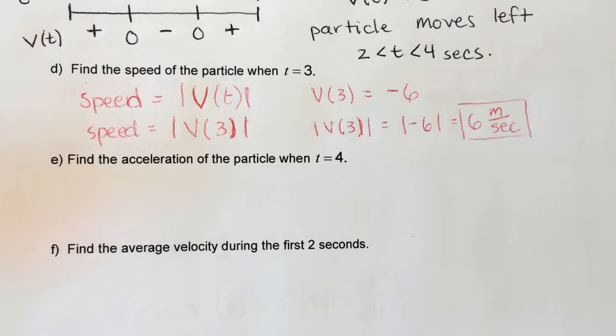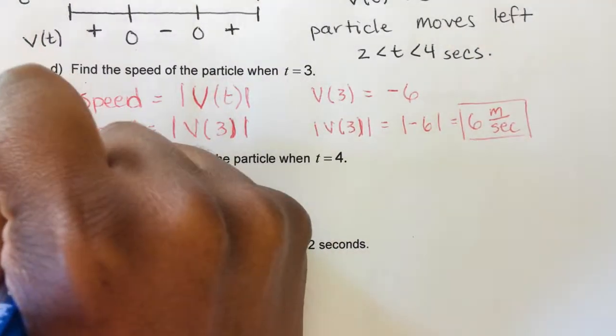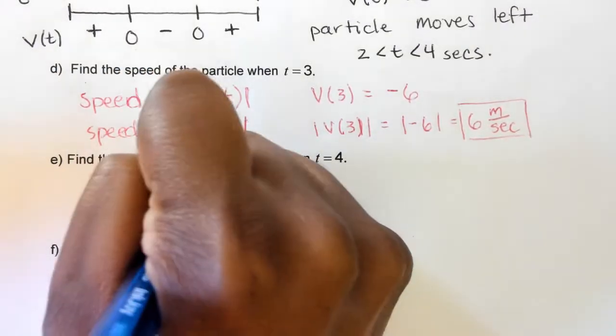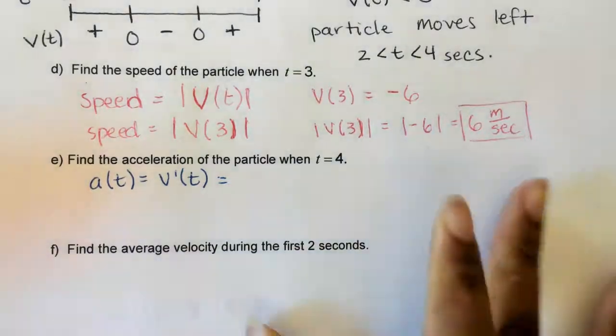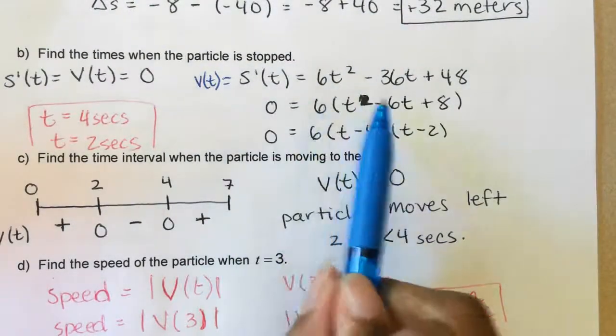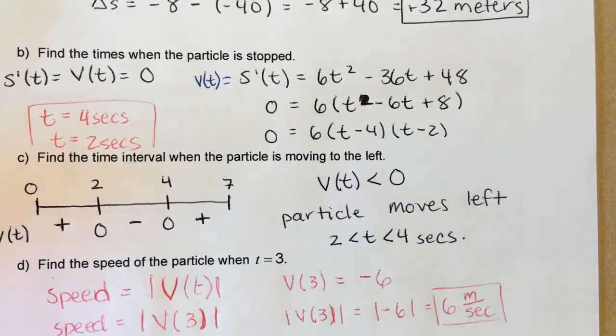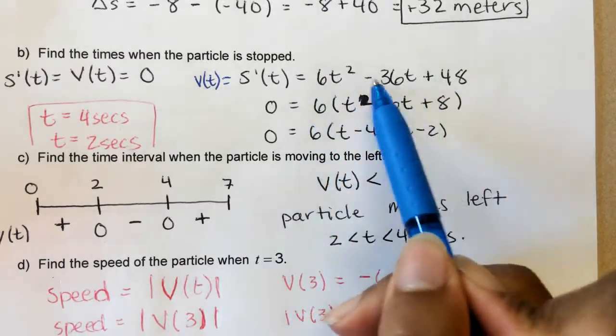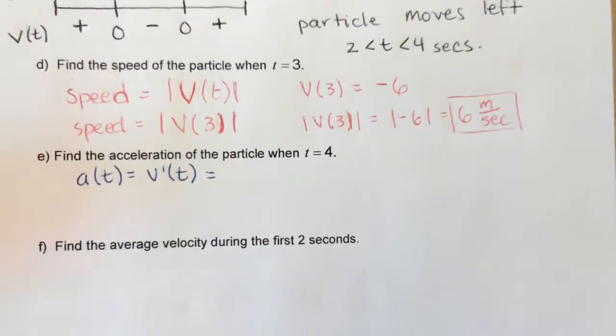E wants us to find the acceleration of the particle when t is equal to 4. So, reminder, acceleration is equal to the derivative of velocity. If we look at our velocity equation, we're going to take the derivative of that. So we'll have 12t minus 36.